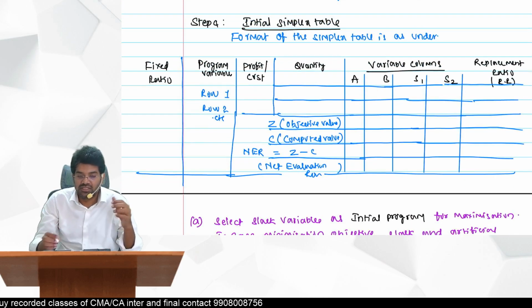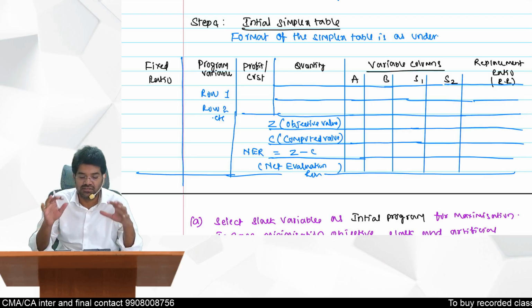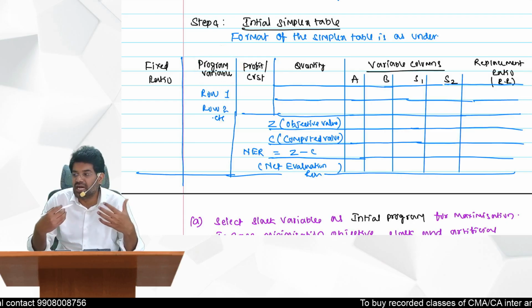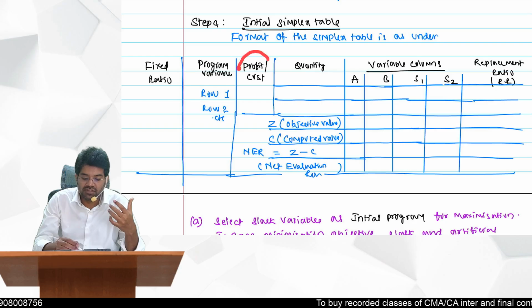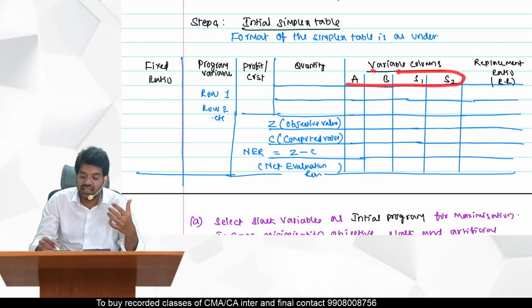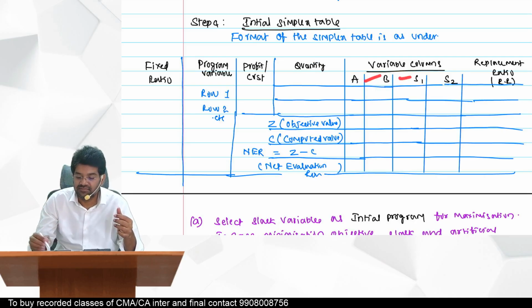This is the format we use for doing the simplex method. Program variables are the variables we start with, and the coefficients of those we should take here. And the constraints' right hand side quantities, you should consider here. Then here we should take the constraint coefficients.